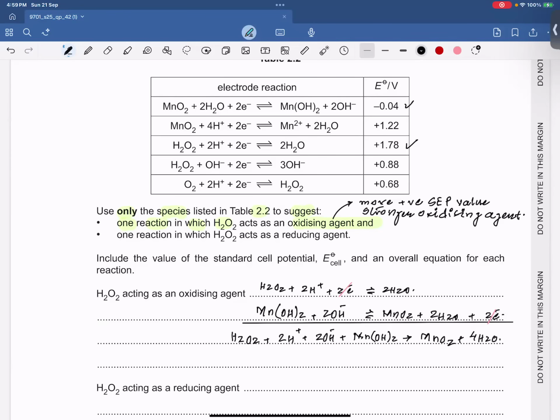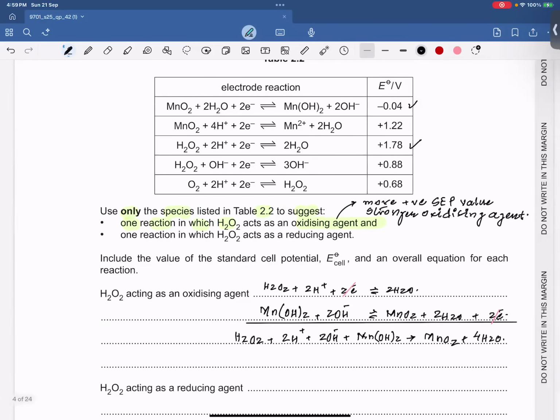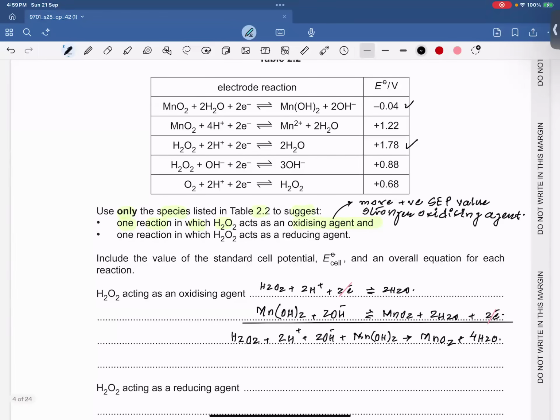By the way, the examiner is looking for the standard cell potential value, all right? I've got the overall equation, but I need to find out the E naught cell.